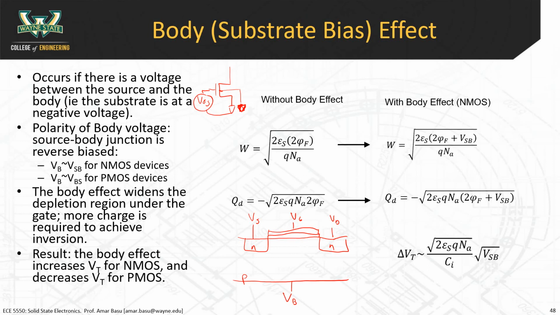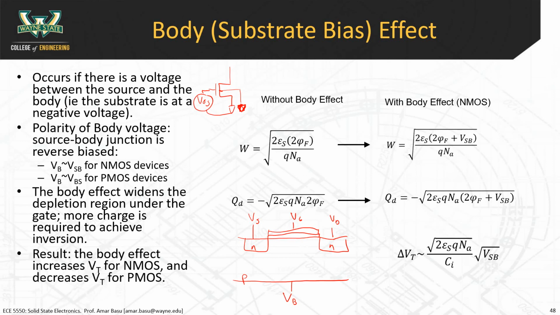I want you to look specifically at this PN junction here. Forward bias diode. You forward bias the diode, exactly. So if you forward bias the diode, you're going to get a ton of current flowing from the body to the source. That's not what you want. That's not MOSFET-like behavior. You don't want a diode between the body and the source.